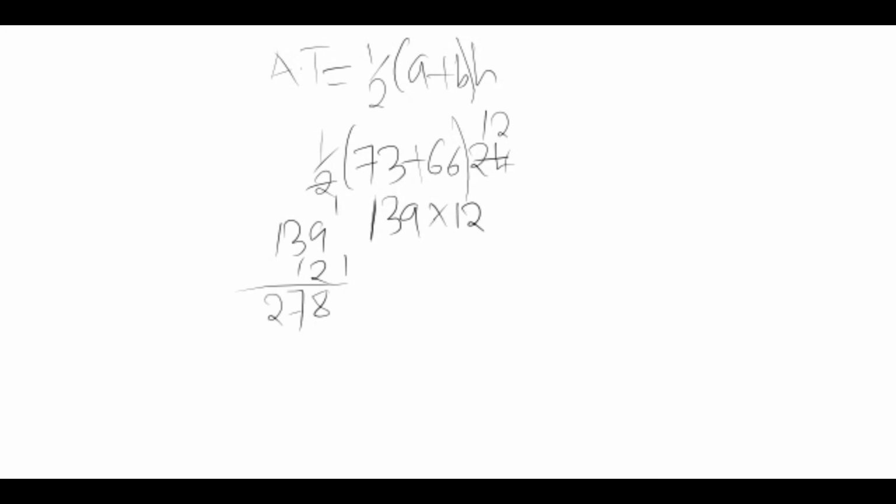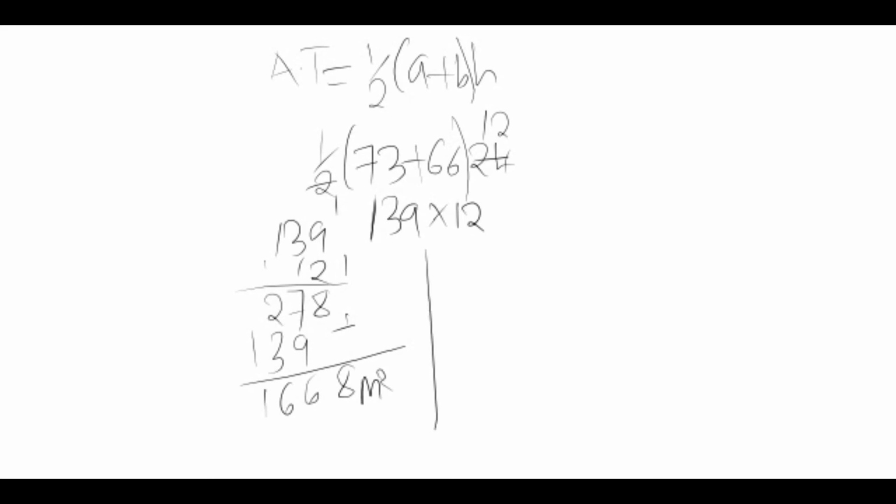Then we have 1 times 9 is 9. 1 times 3 is 3. 1 times 1 is 1. So we have 8. That is, we add. We have 8. We have 7 plus 9 is 16, carry 1. We have 3 plus 2 is 5, plus 1 is 6. Then 1. So we have 1668 meters squared.